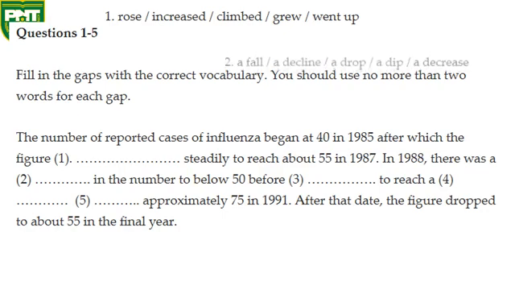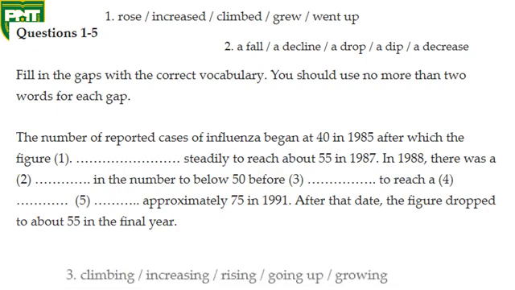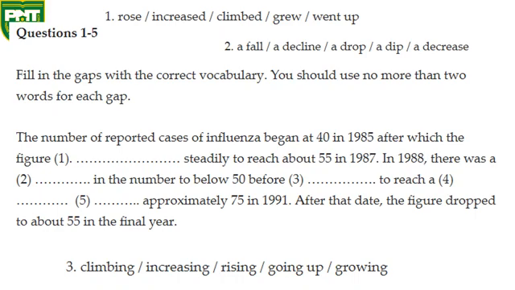Number 2, a fall or decline, a drop, to express a downward trend. Next, after a preposition before, we use a gerund. Number 4, reach a peak. Preposition of, right? A peak of what?